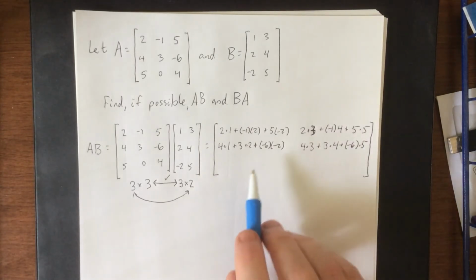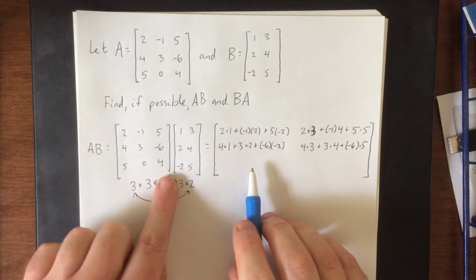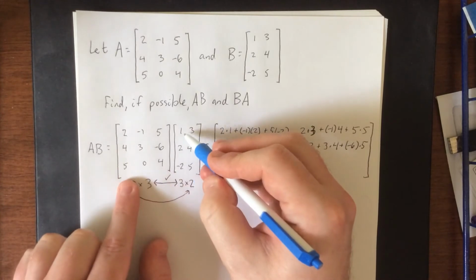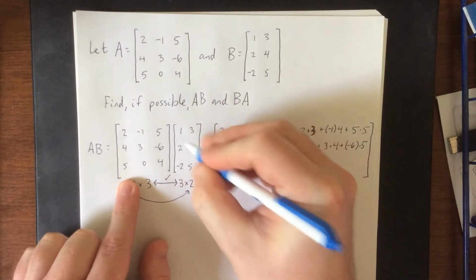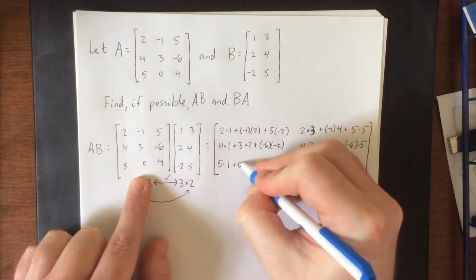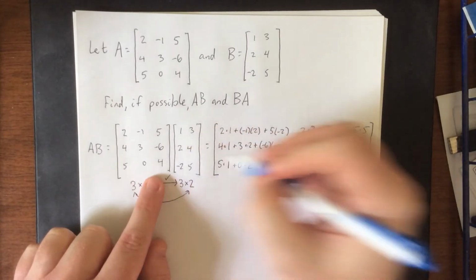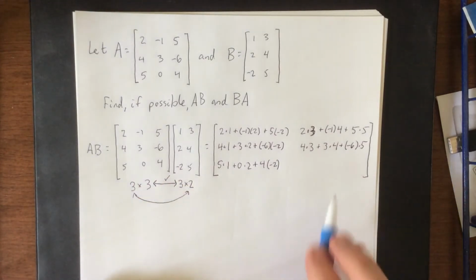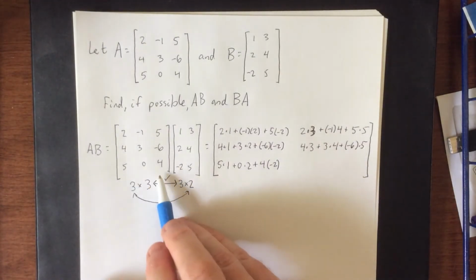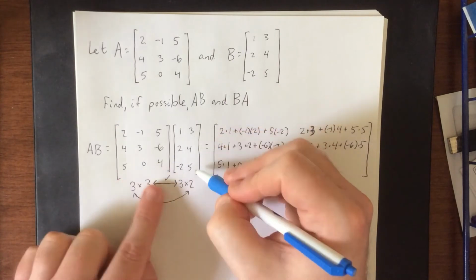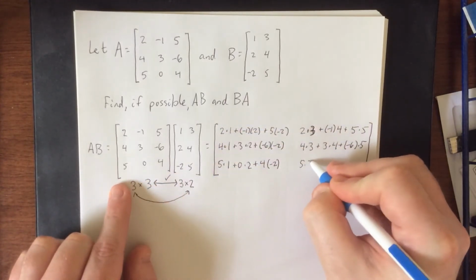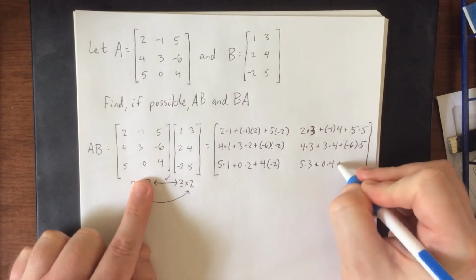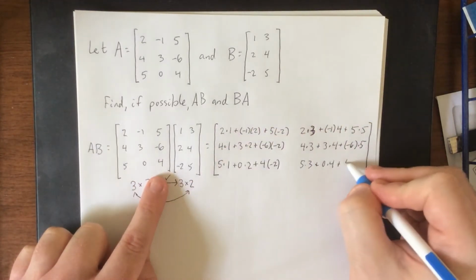For the 3, 1 entry, we'll do third row of A, first column of B, multiply the corresponding entries together. So 5 times 1, 0 times 2, and 4 times -2. And finally, for the 3, 2 entry, we'll do the third row of A with the second column of B. So we'll start with 5 times 3 plus 0 times 4 plus 4 times 5.